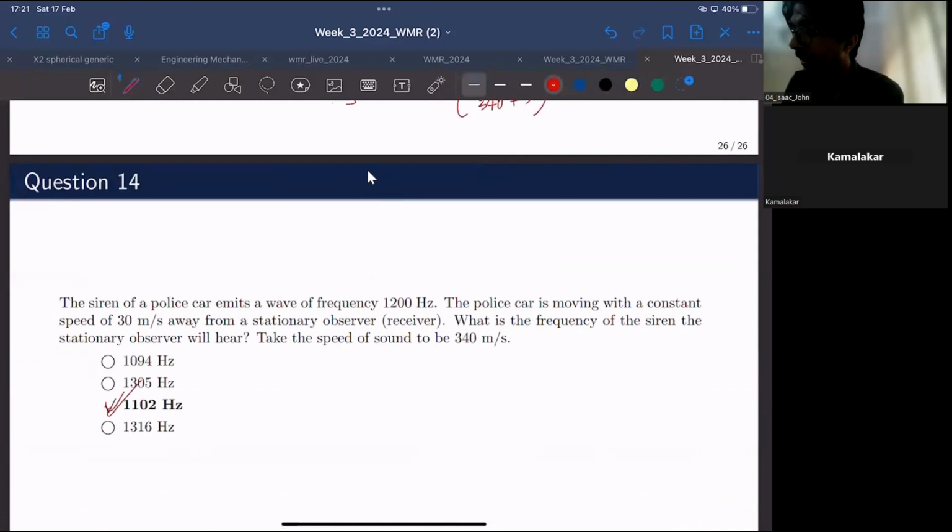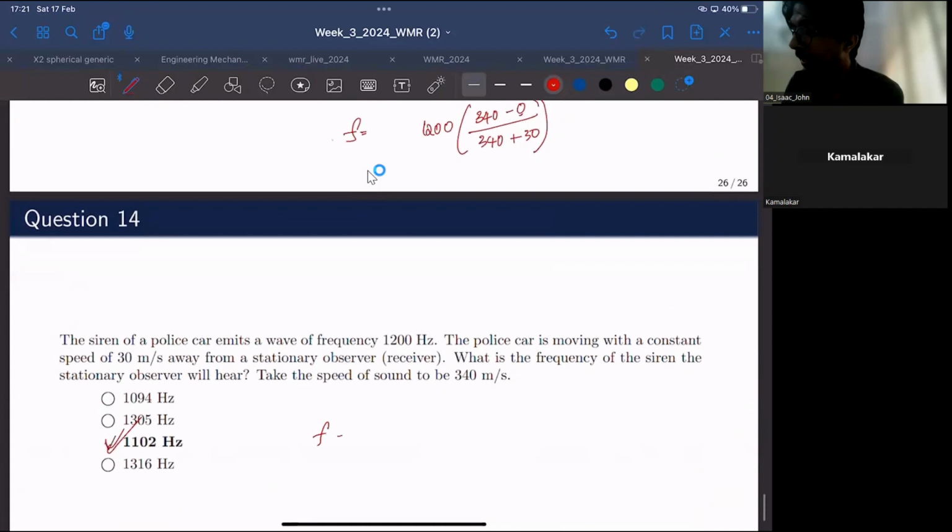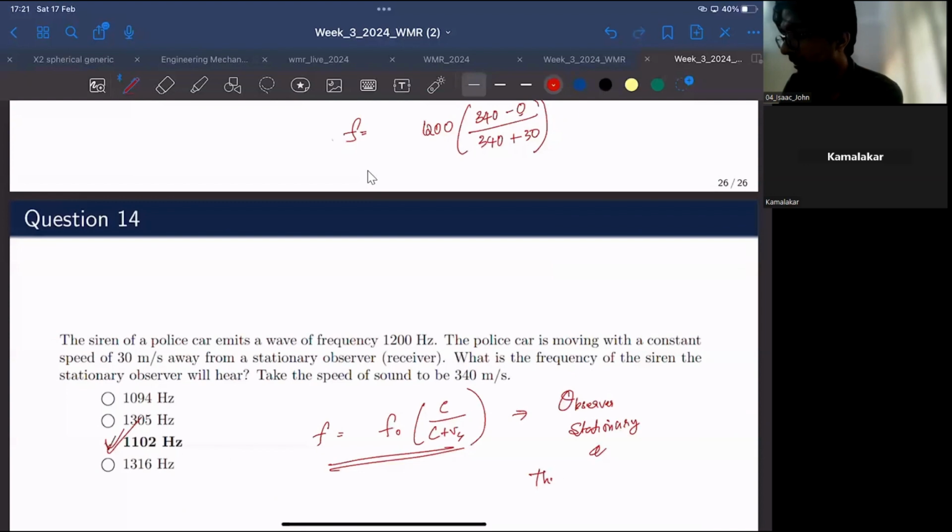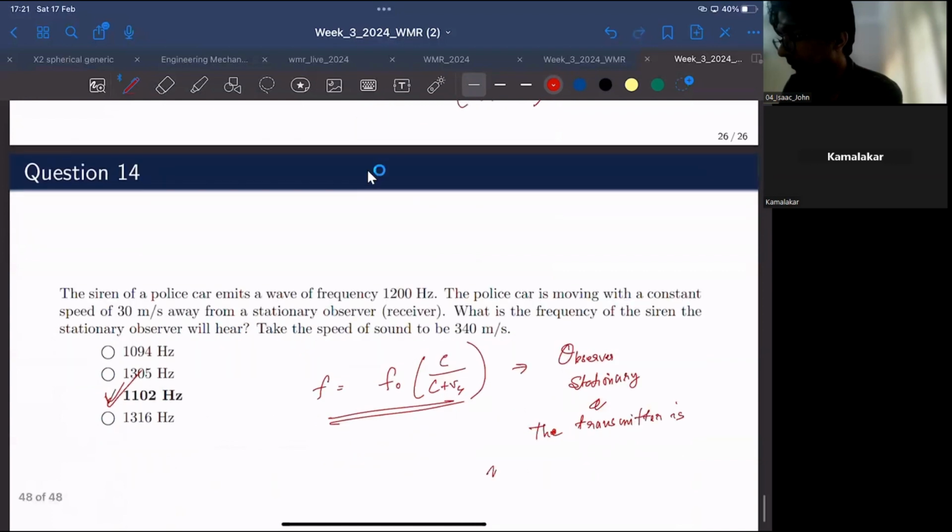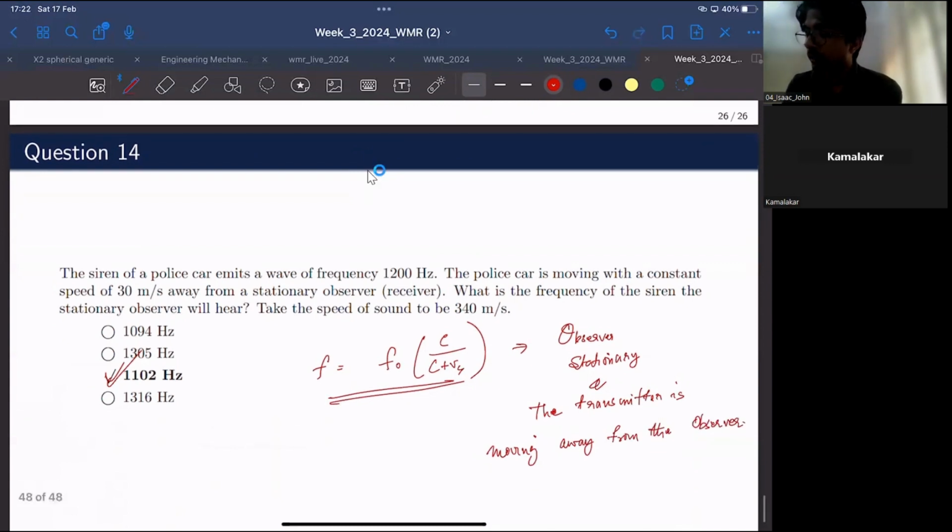Or else F is F0 multiplied by C over C plus Vs. And this is when our observer is stationary and the transmitter is moving away. Okay, so yeah, that is the correct answer.